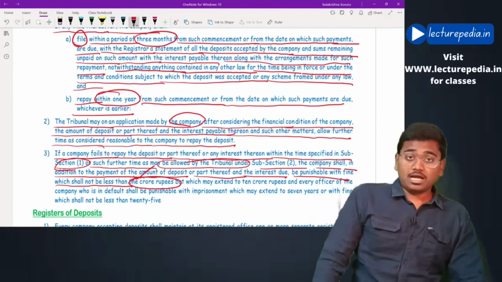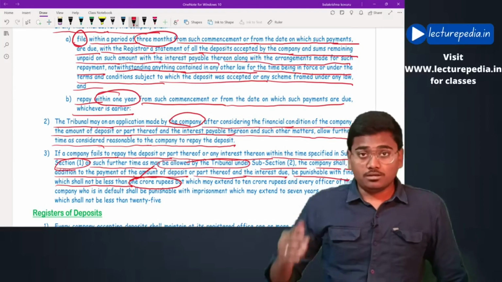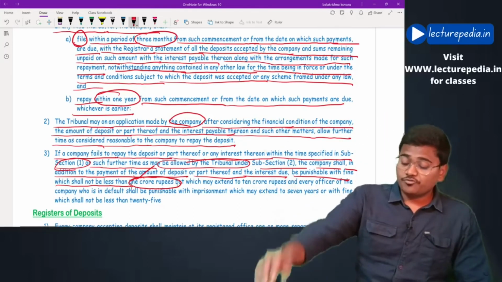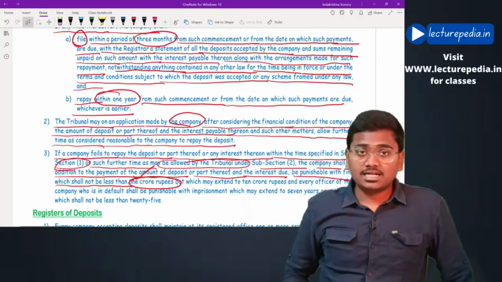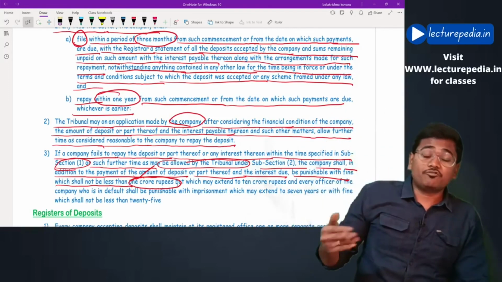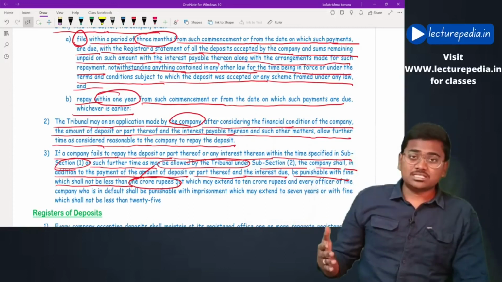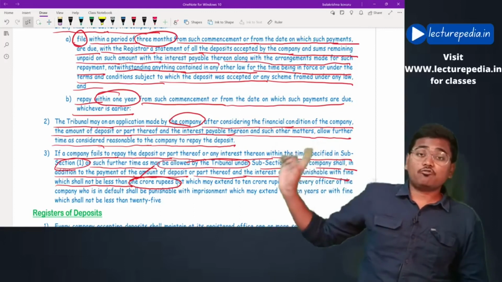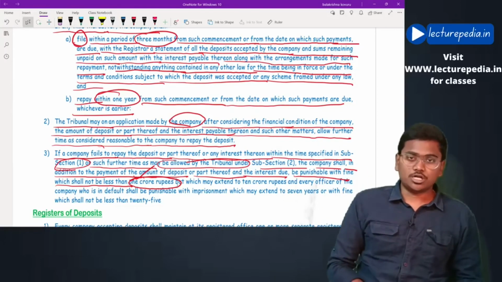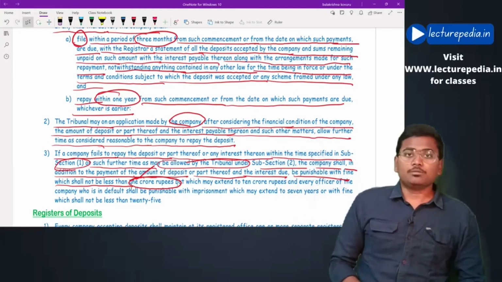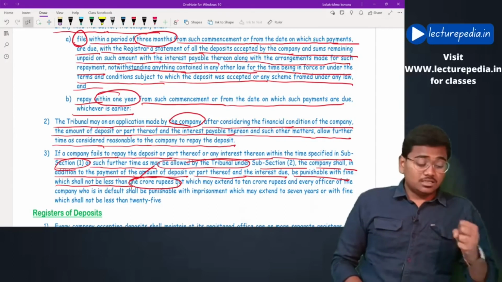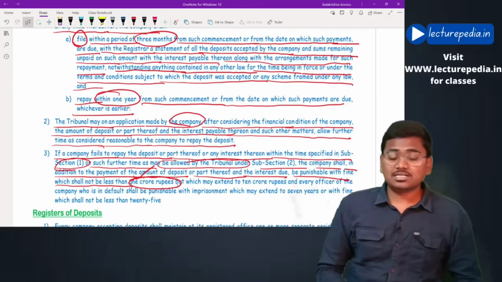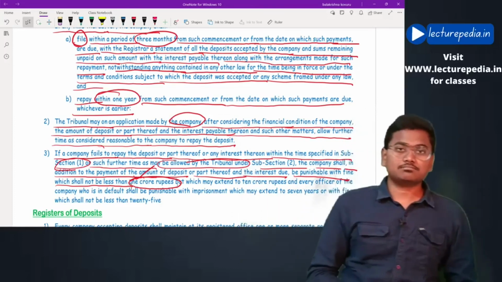Okay, as I have already told you that earlier penalties were imposed on the companies. If you have accepted deposits under earlier act and you fail to repay the deposits within the period of 1 year, then a penalty of 1 crore will be imposed on you. Like this, a penalty was imposed, and then these companies have approached NCLT. Then NCLT has extended the time from 1 year to 3 years.